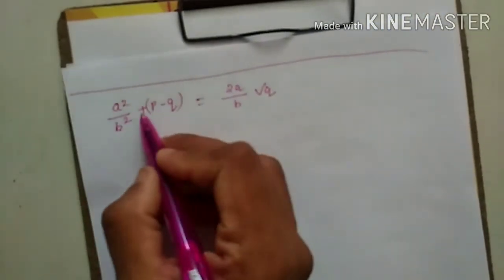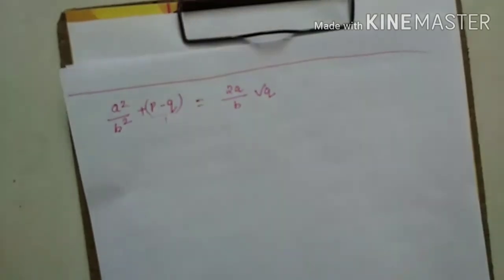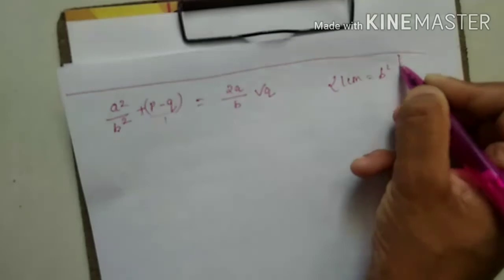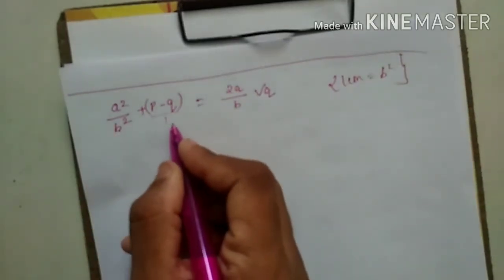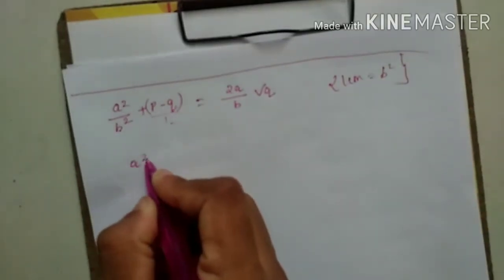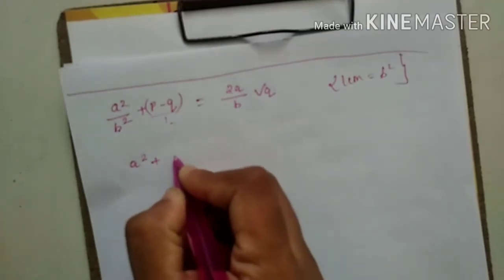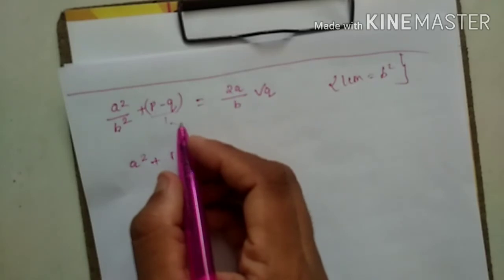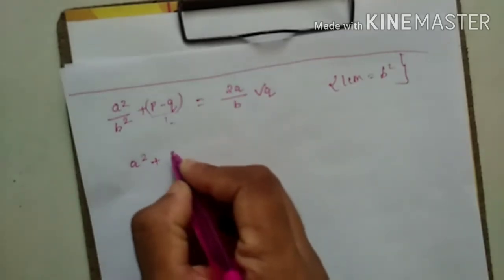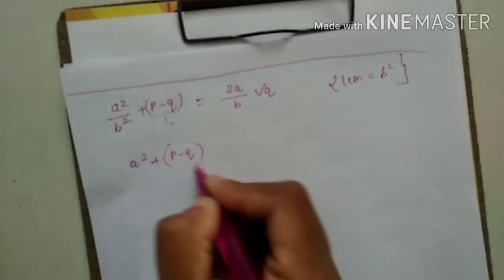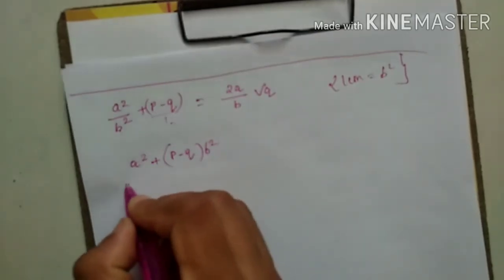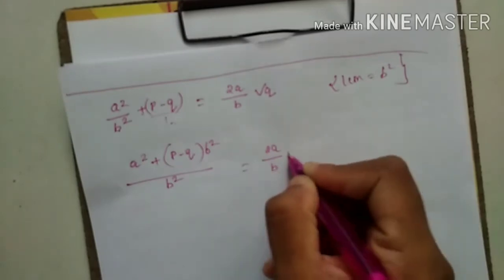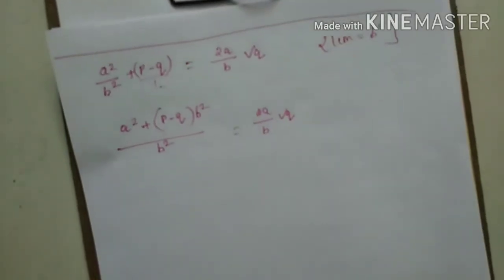You can see here is q, so I have taken LCM b square. If I take it here, I have to multiply. So a square plus p minus q into b square upon b square equals to 2a upon b into root q. Correct. After that solve it.